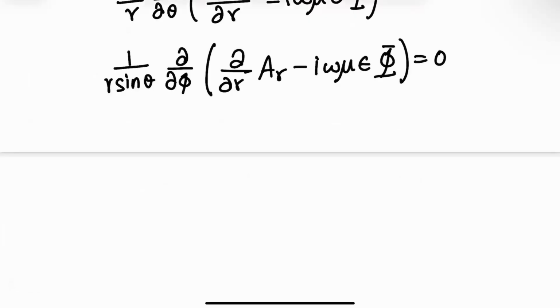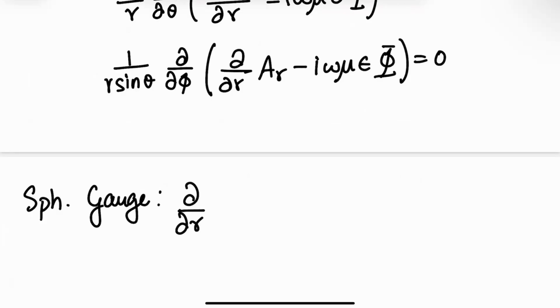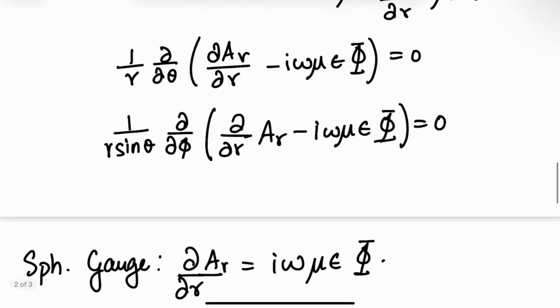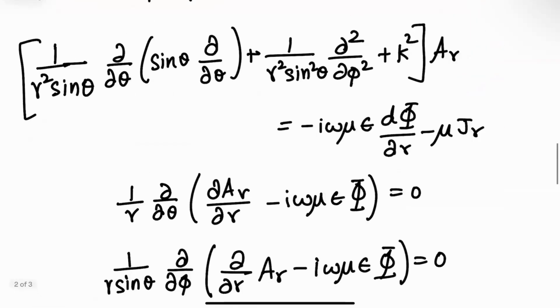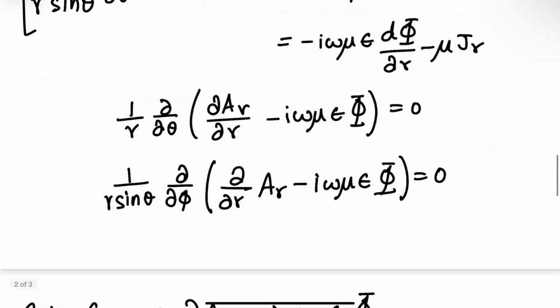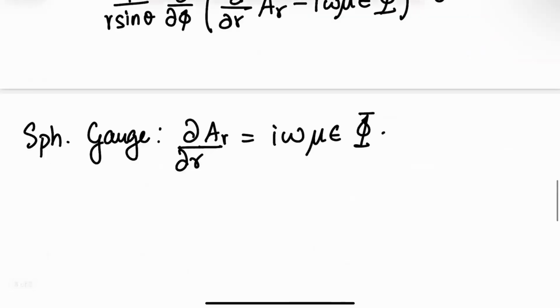So the spherical gauge is then d/dr A_r is equal to i omega mu epsilon phi. And under this condition, these two are automatically satisfied. And this equation up here reduces to the following.